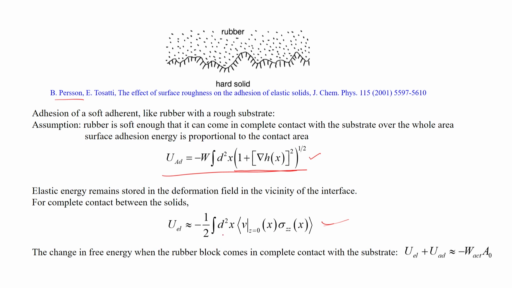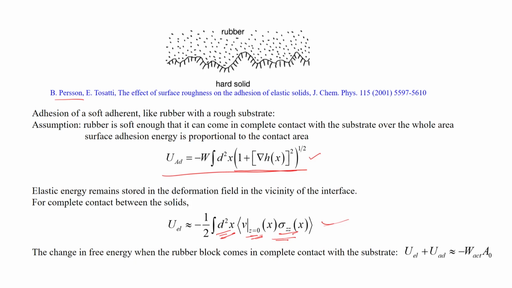Stress into area is force, and force into displacement, this is the vertical displacement at the surface, is energy. That is the elastic energy, and one obtains the ensemble average of that over the whole area. So that becomes the total elastic energy.